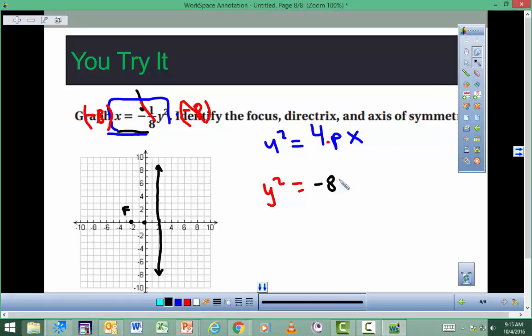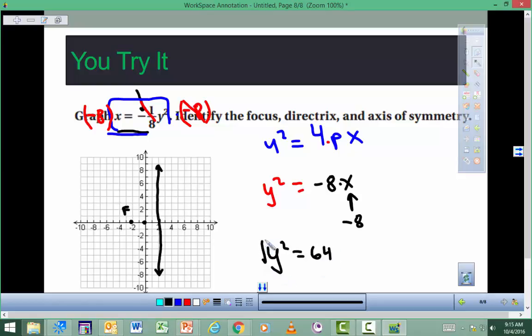Negative 8x, right? I need to pick an x that will hopefully be a nice square root, because I'm going to be taking a square root over here. So why not pick an x that's going to make a perfect square? Why not use negative 8? Negative 8 times negative 8 is 64. So then I have y squared is equal to 64.